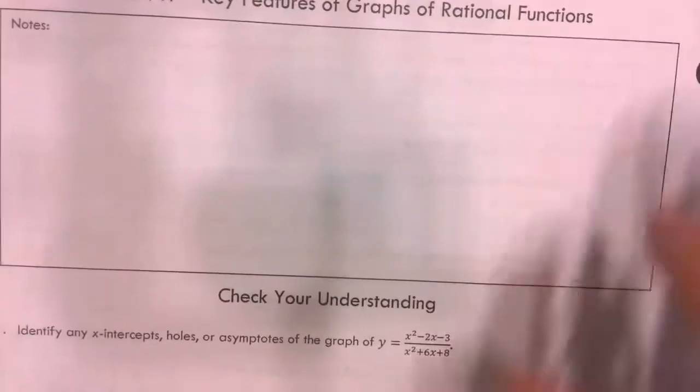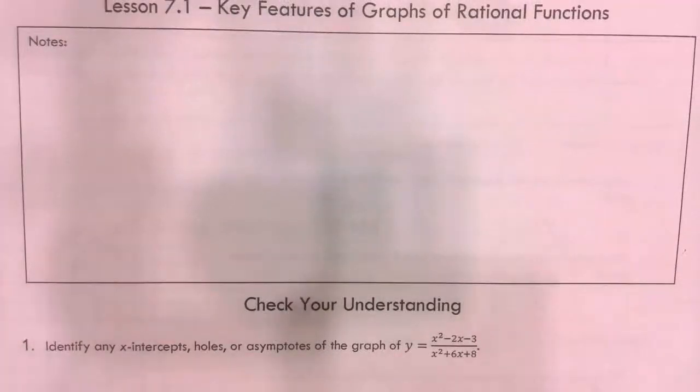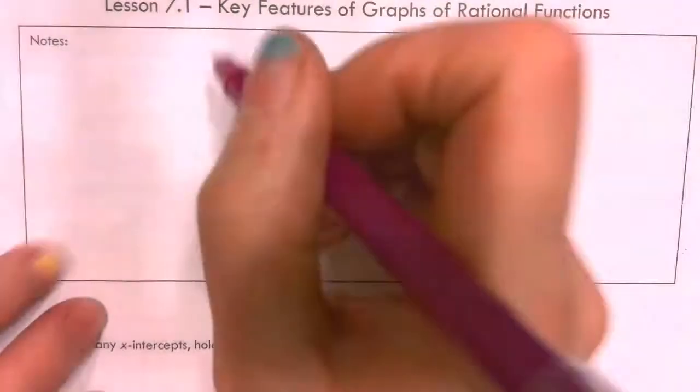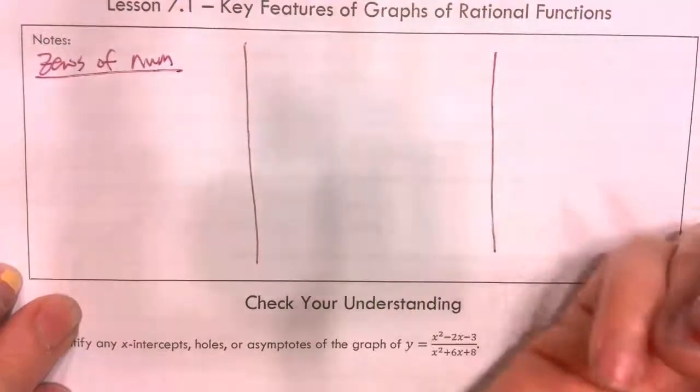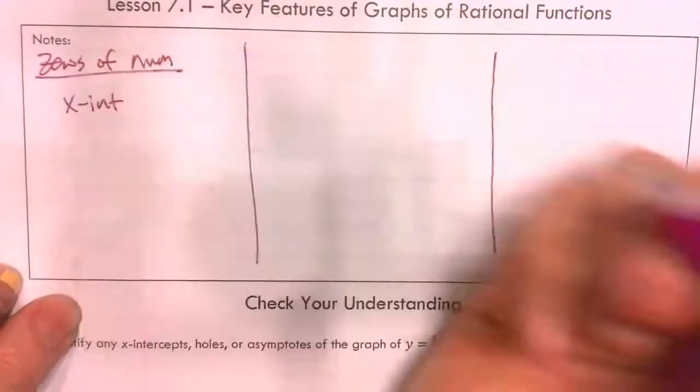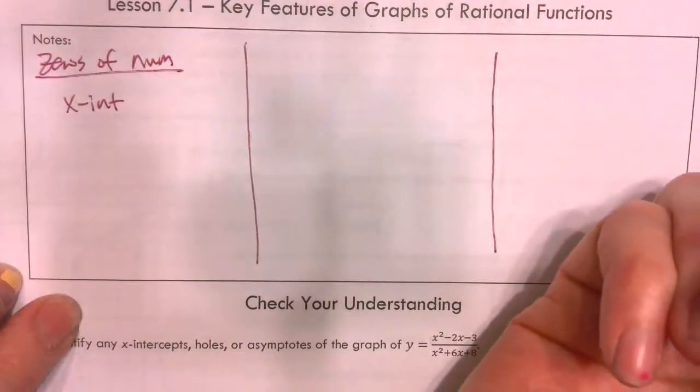Next page, the key notes. Key features of the graphs of the rational function. Oh, we're going to write a lot. Are you ready? Okay, so for the rational function, there are three things going on. Zeros of the numerator. So the top one, when you set the top one equal to 0, what does that give you? It gives you the x-intercept of the rational function.